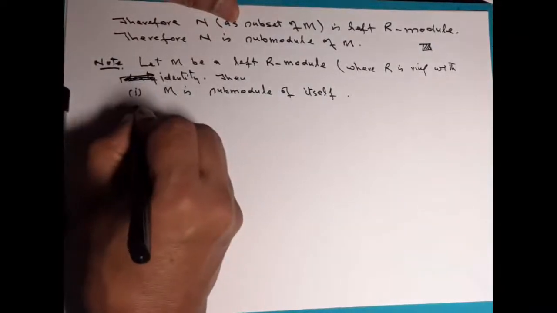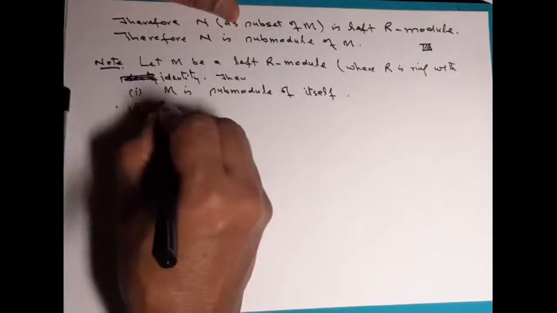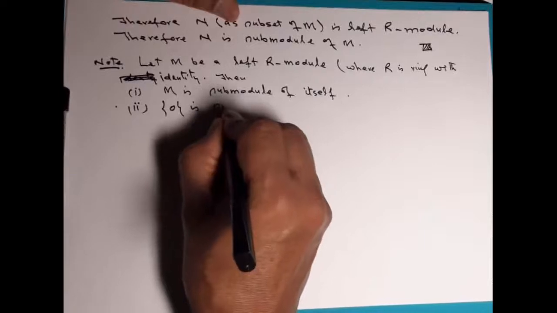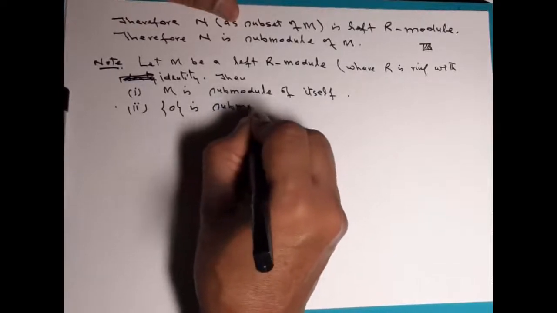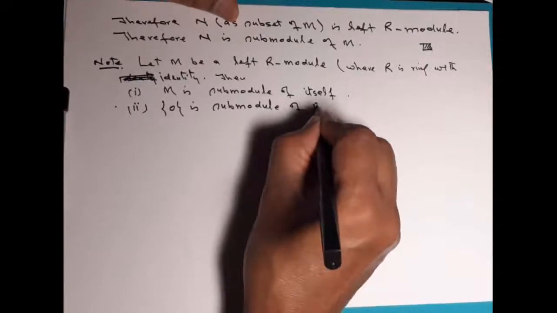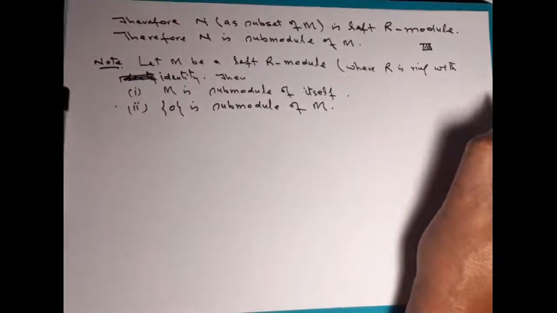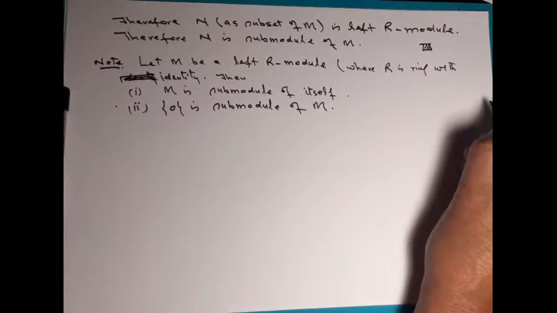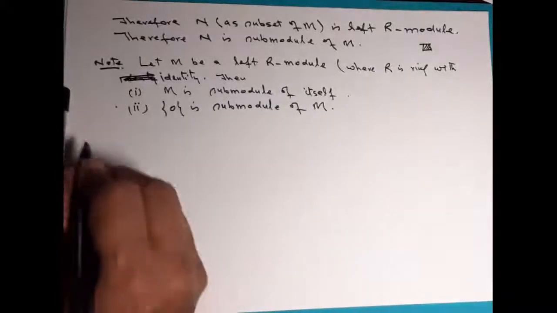And secondly, just the zero element is a submodule of M. So the subset consisting of the zero element only is a submodule of the module M.